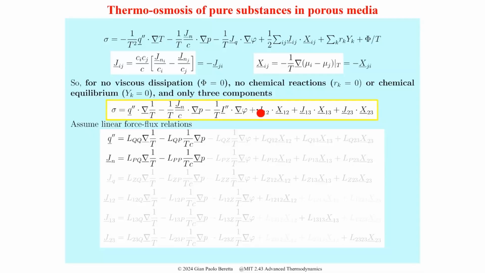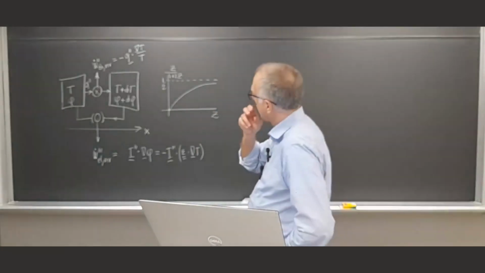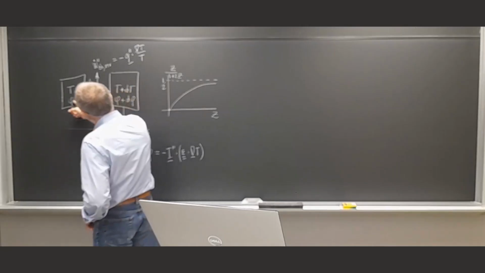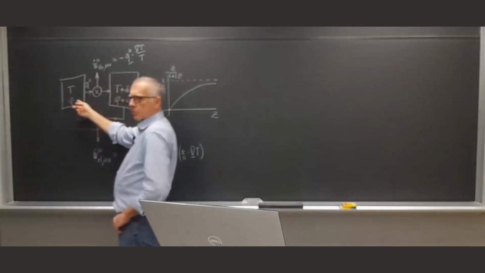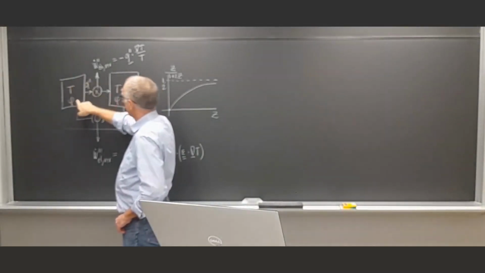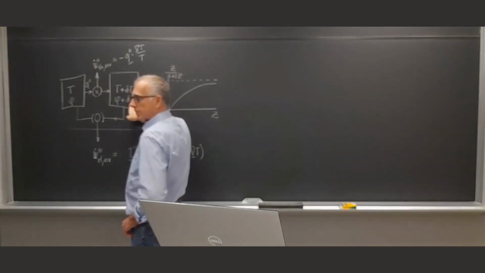Here is another example somewhat similar to that one. Think of having, instead of the electrostatic potential, having the pressure. So you have two reservoirs, one at T and P, and the other at T plus dT and P plus dP.